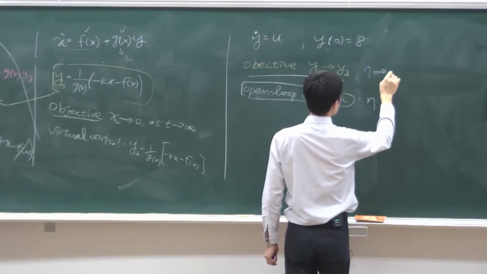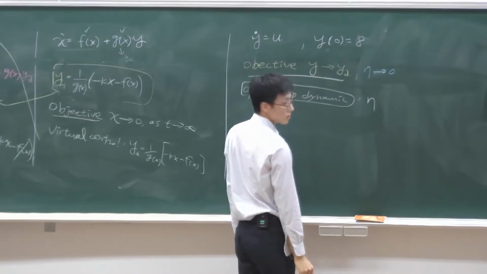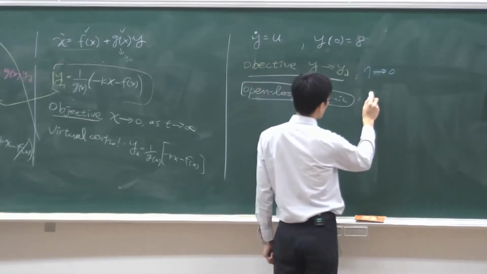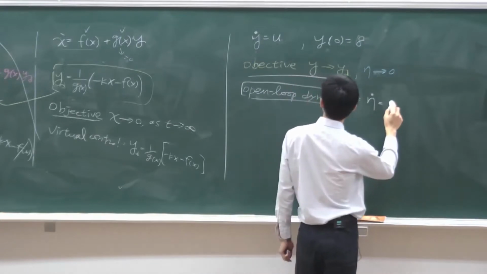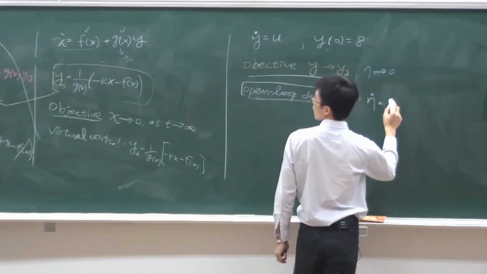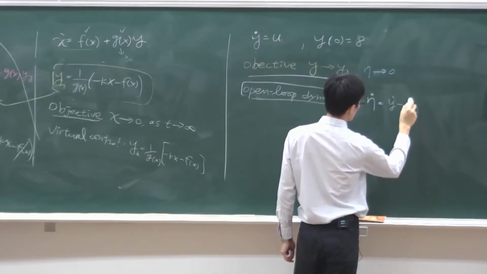Then eta dot, we need to take the time derivative. Eta dot is y dot minus yd dot.